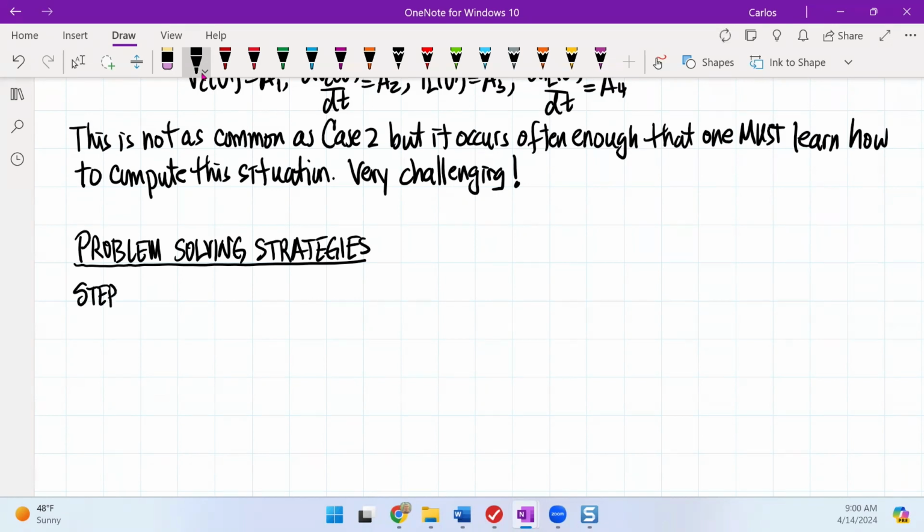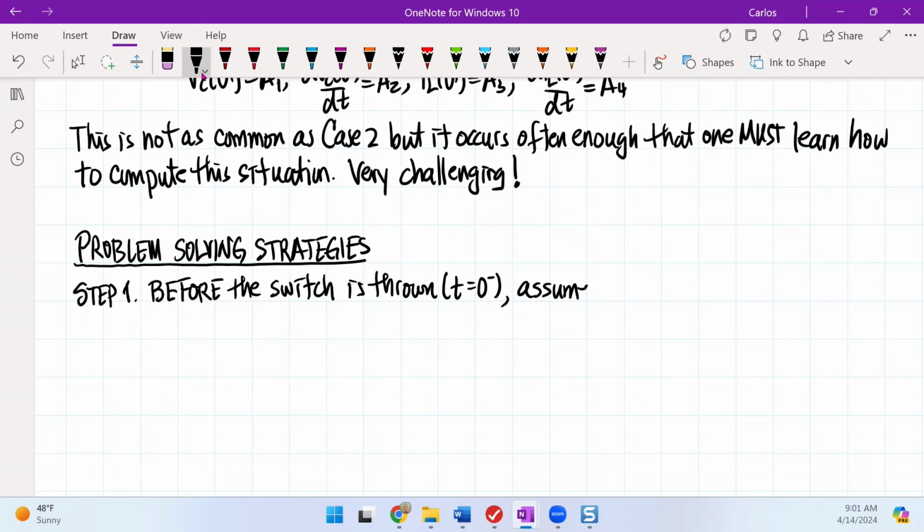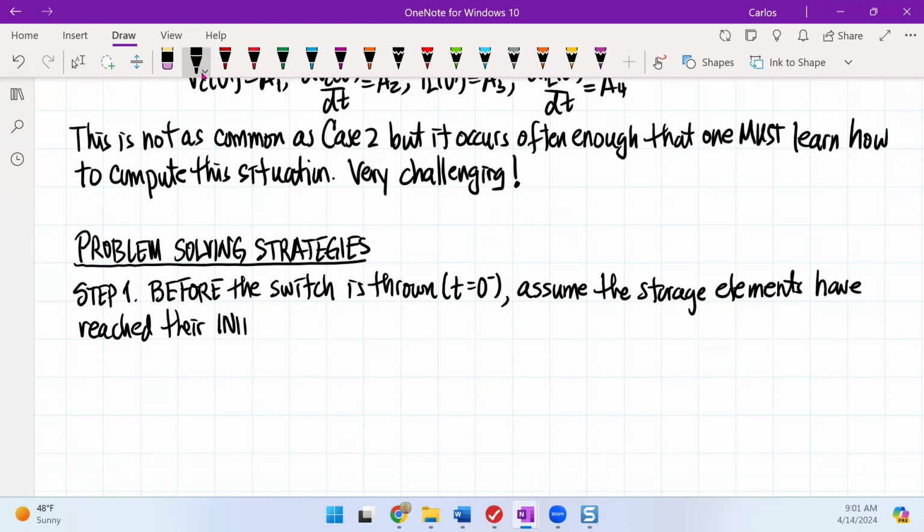So the first thing you want to think about is that before the switch is thrown, so we're talking about t equal to 0 minus, assume the storage elements have reached their initial steady state values.